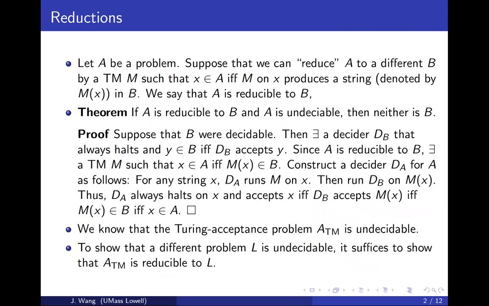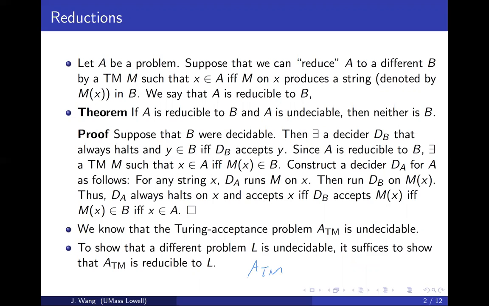Now we also know that the Turing acceptance problem, A sub TM, is undecidable. So to show that a different problem, L, is undecidable, what we are going to do is start from A sub TM.